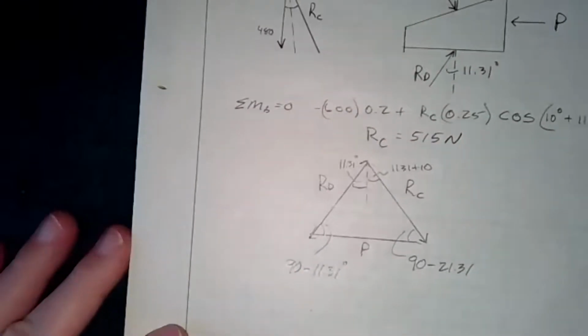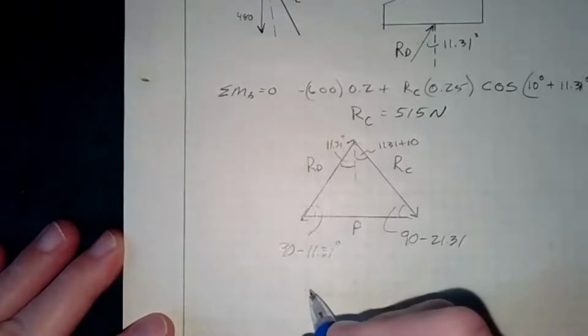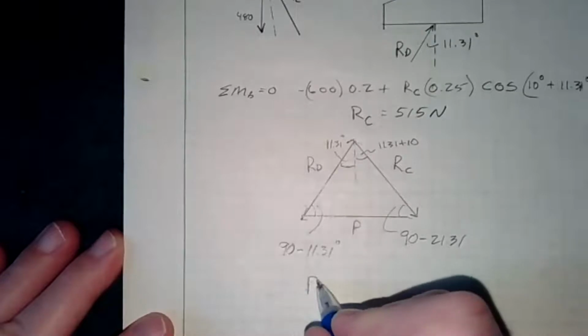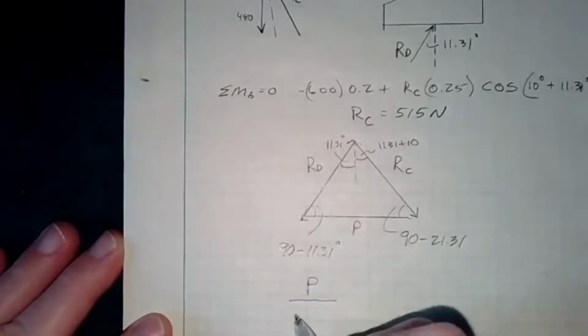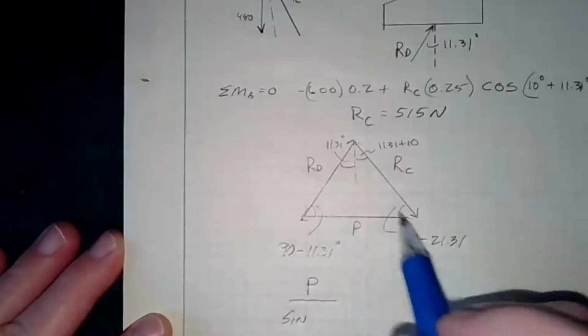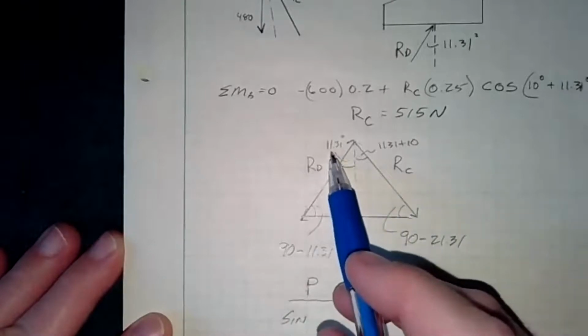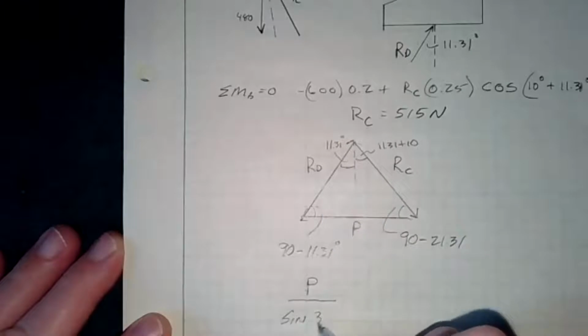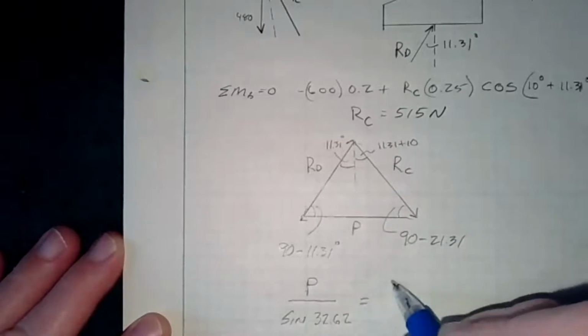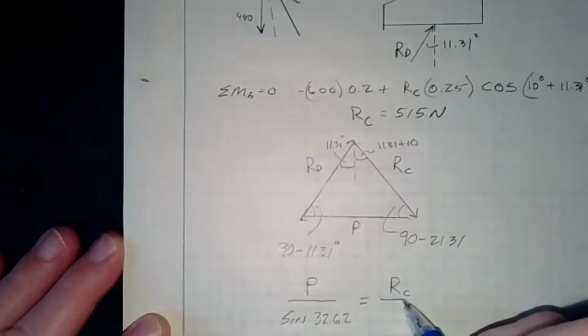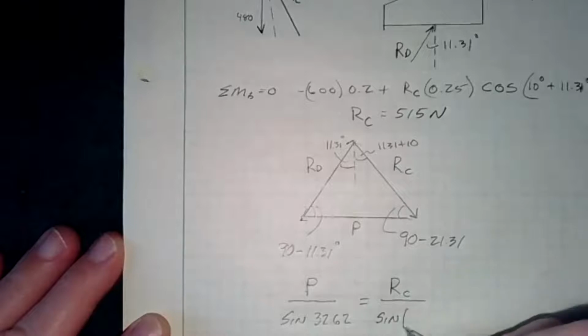So we want P, right? So we know the law of sines: P over the sine of 22.62, so 32.62, has to equal RC divided by the sine of 90 minus 11.31.